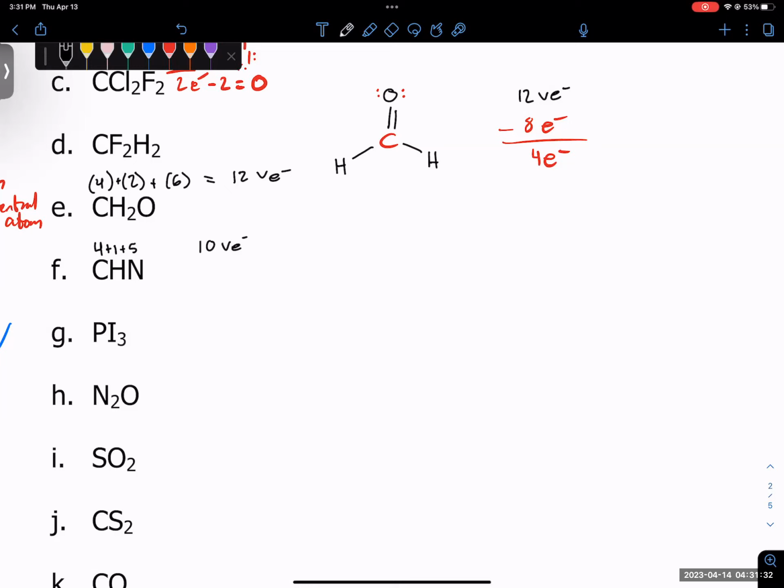What's the next thing we do? Find central atom. Perfect, Susanna. Skeletal structure. So we're gonna go ahead and figure out which one is the central atom and put the surrounding terminal atoms around the central atom. So in this case, what do you think the central atom is?